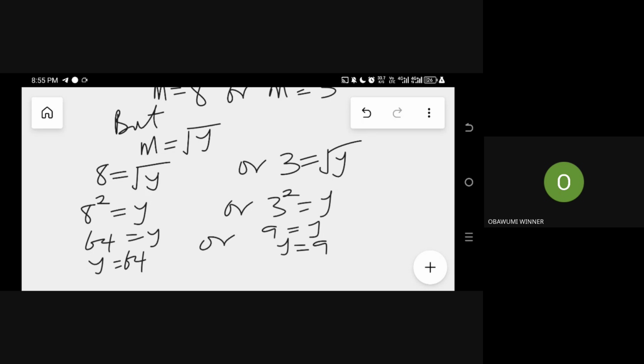Which one is the real answer? What's the real answer?